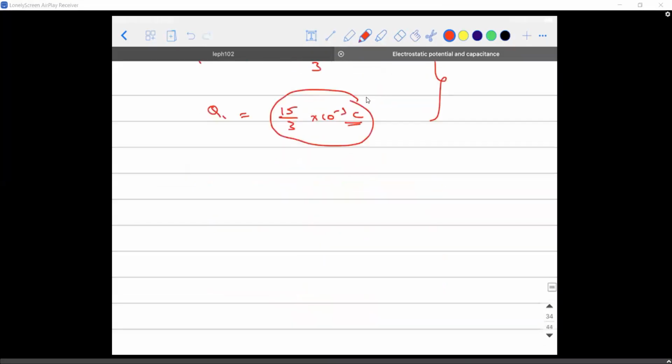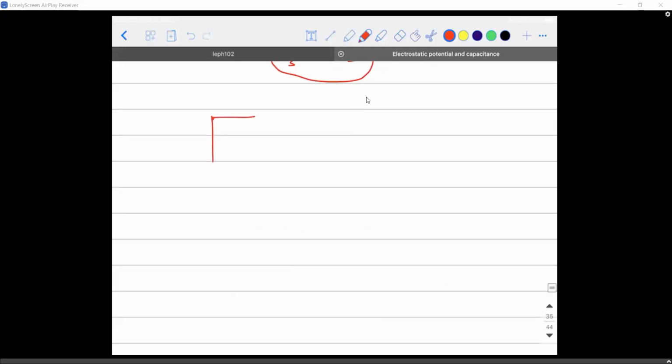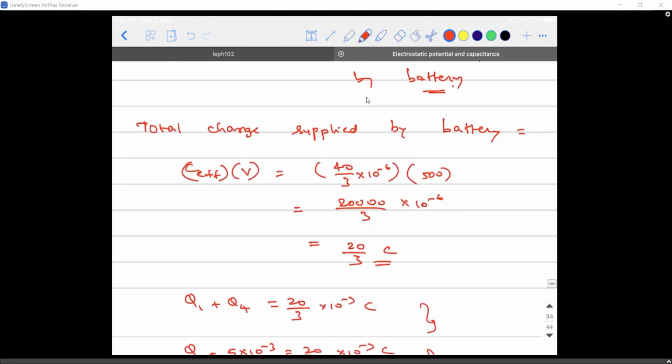Can you say other method means you have to directly take it like this? Is everyone copying it? Sir, could you go up? Yeah, I'll go up. Just a minute, copy it first. Is this enough, Rohan?